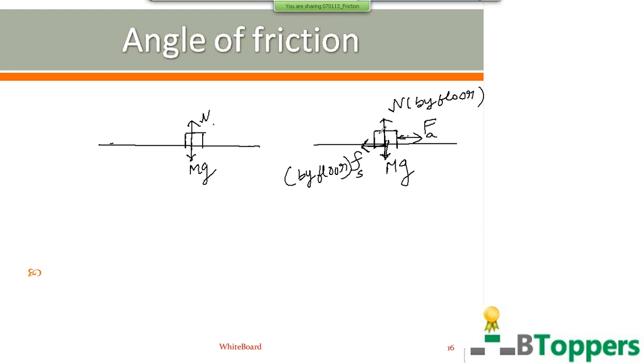So the actual force exerted on the block by the floor, I mean the net force on the block by the floor, will be the resultant of normal reaction and frictional forces. So you can complete the rectangle by representing the normal reaction force and static frictional force by the adjacent sides.